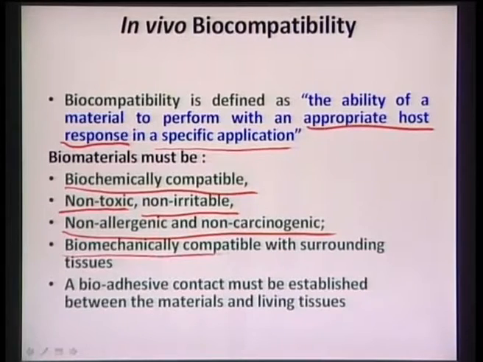Also, biomaterials must be biomechanically compatible with the surrounding tissues. What does it mean? Every tissue, whether hard or soft, as you have seen in earlier lectures, has a range of mechanical properties, such as elastic modulus. Whenever you put a biomaterial in for a given application, there should not be a large difference between that material and the bone in its neighborhood.